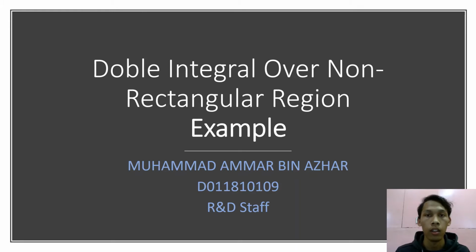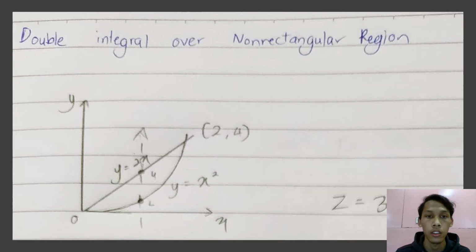Hi, I am Amar. I am R&D staff for Group 9. Today I will talk about an example for double integral over a non-rectangular region. For this example, from this graph, I will draw one line parallel to y to find the upper and lower limits for y.